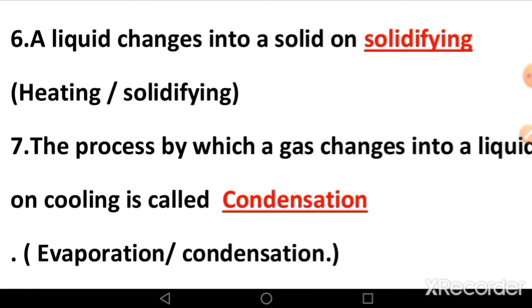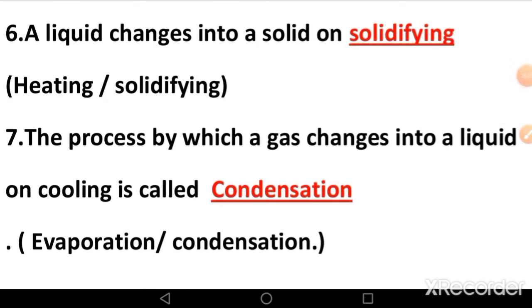For example, when you fill water in an ice tray and keep it in the freezer, you will see that after some time the water turns into ice. Means through solidifying, we can change a liquid into a solid.